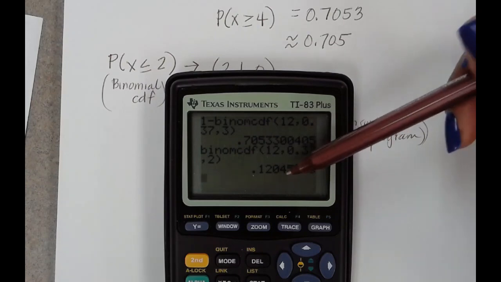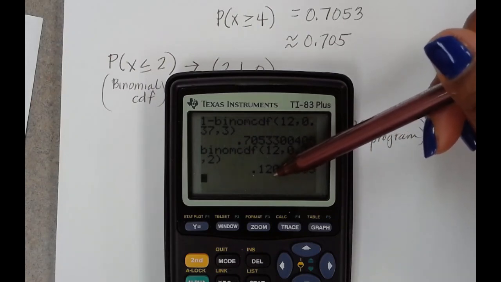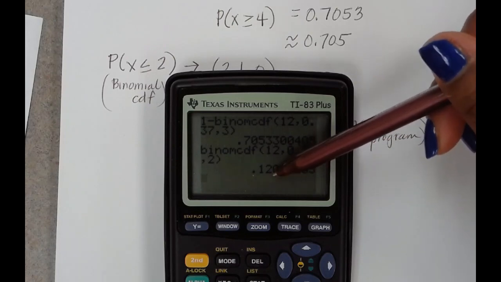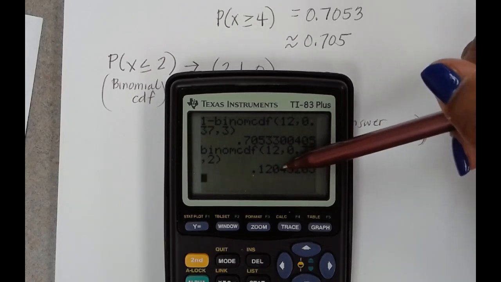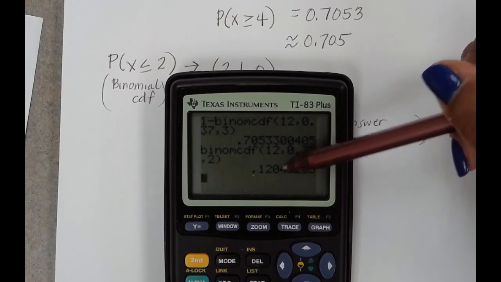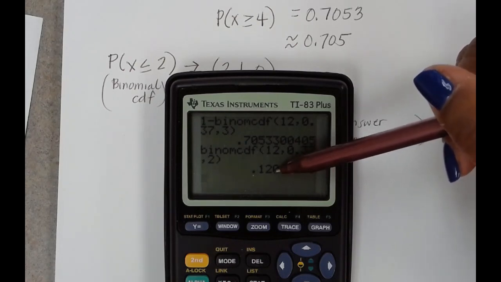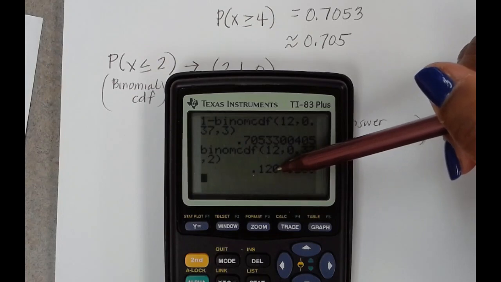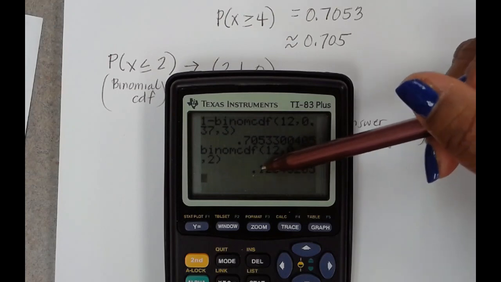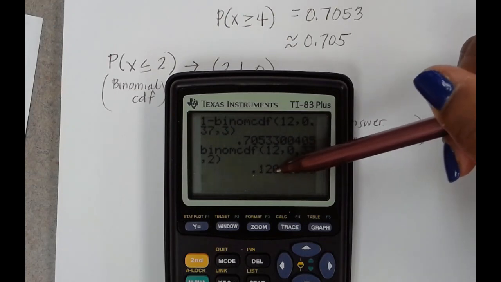When I need to round to the nearest thousandth place from my calculator, I need to look at the 4th place. Since it's a 4, this doesn't go to 1. So the answer that I'm going to record is 0.120.